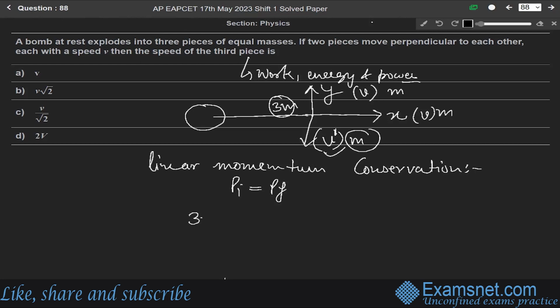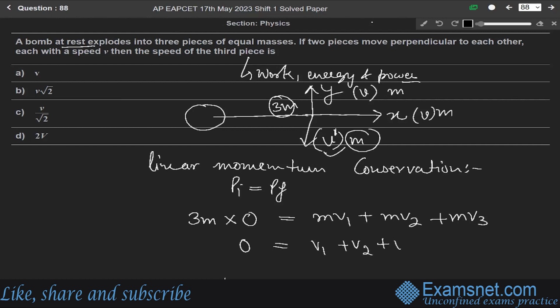So 3m into velocity at the starting point, where it is at rest, so its velocity is 0, equals mv1 plus mv2 plus mv3, where v1, v2, v3 are the velocities of these three particles. So 0 equals v1 plus v2 plus v3.